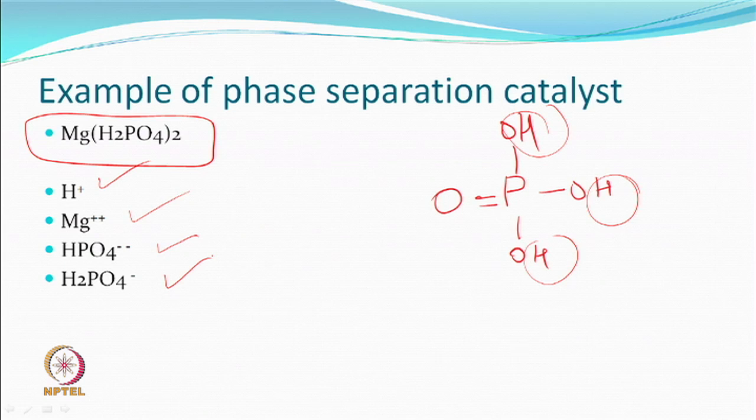It so happens that you have a magnesium hydrogen phosphate as well as magnesium dihydrogen phosphate available in the solution as far as dissociation is concerned. And as you dry, at some stage the solubility of the magnesium hydrogen phosphate is less. In water it precipitates and the other one becomes more active.